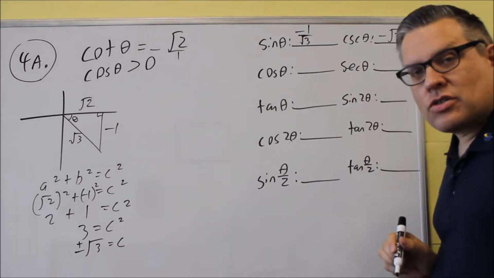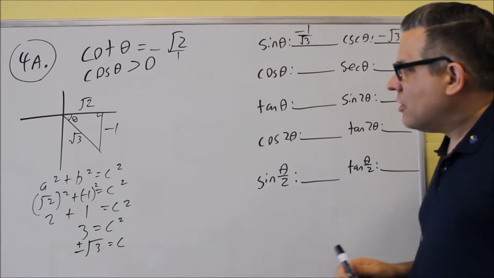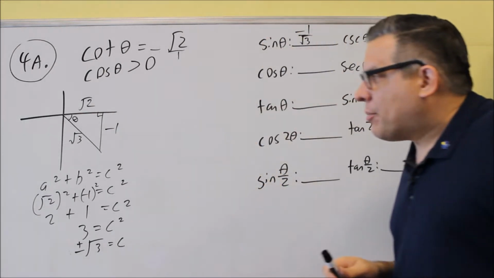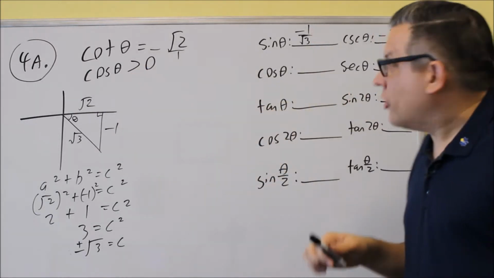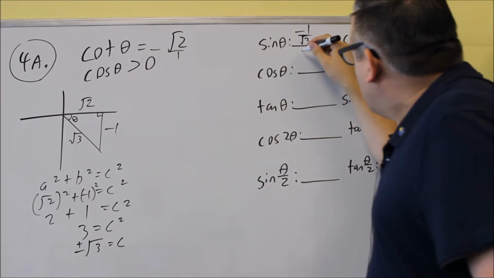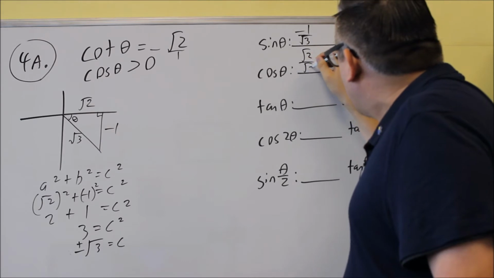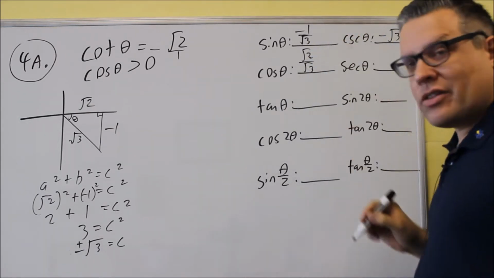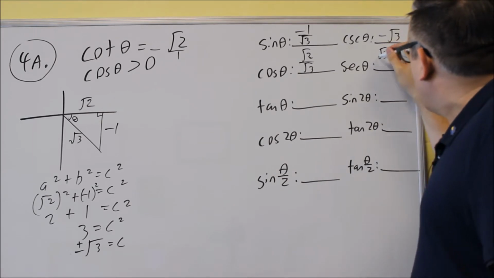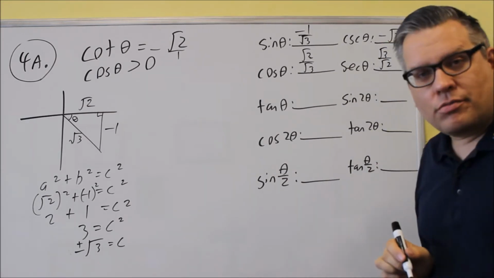Next, we're going to do cosine. So cosine is equal to the adjacent over the hypotenuse. And so the adjacent would be square root of 2 over square root of 3. So I'm just going to put square root of 2 over square root of 3. Again, you could rationalize it also if you wanted to. I'll leave it like this. The reciprocal would be square root of 3 over square root of 2.